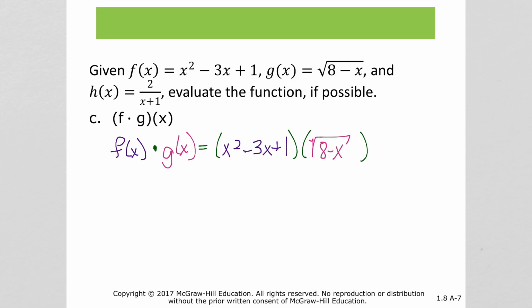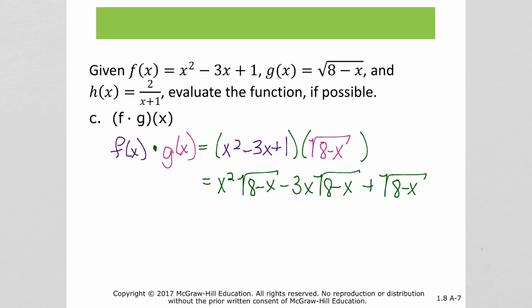So this time we're also going to distribute through the square root of 8 minus x. So we've got x squared times the square root of 8 minus x, minus 3x times the square root of 8 minus x, plus 1 times the square root of 8 minus x, which is just the square root of 8 minus x. Okay, so done with that.